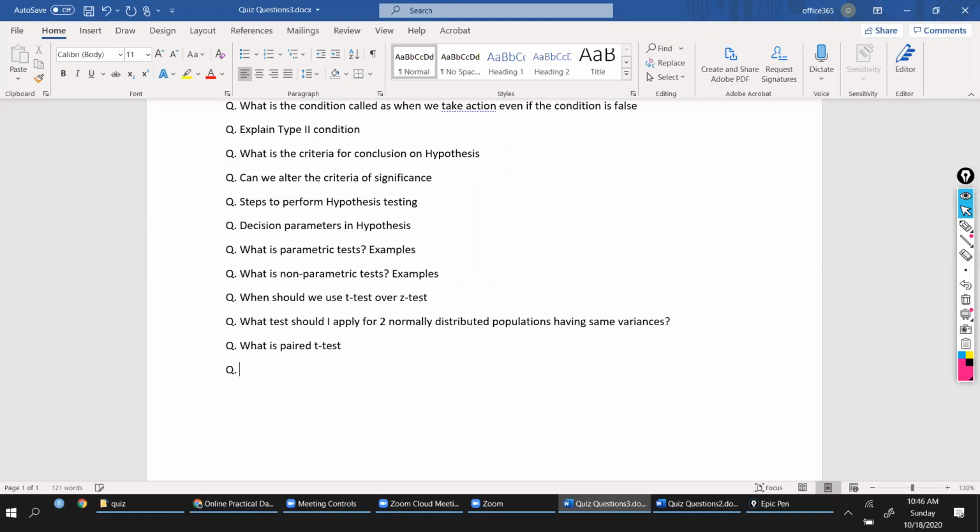Next, let me write another question. Okay, what is ANOM test? Full form is analysis of means, but what does ANOM tell us? How is it different from ANOVA?